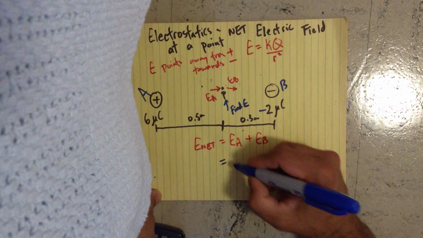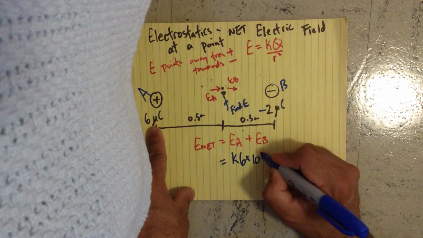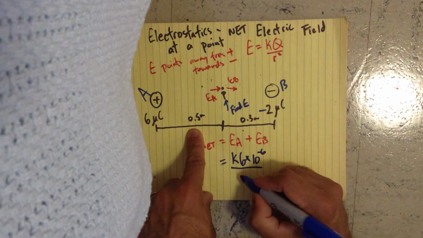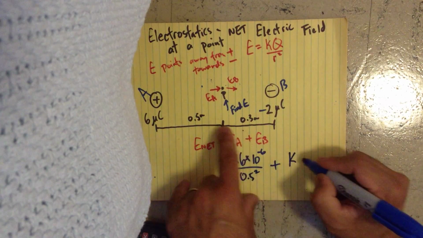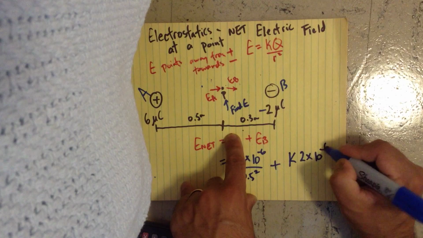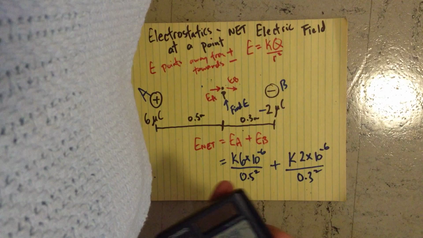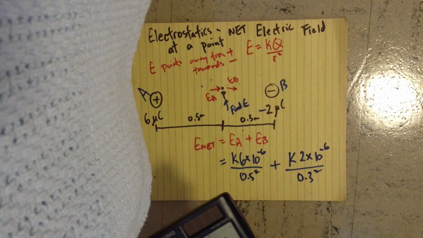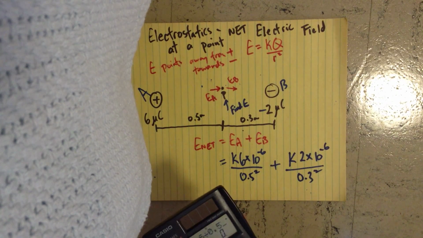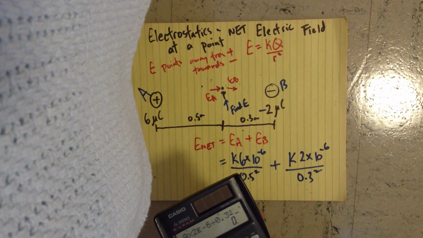So we get K times QA, 6 times 10 to the negative 6, divided by r squared, so 0.5 squared, plus K times 2 times 10 to the negative 6, divided by 0.3 squared. We can punch that up really quickly.